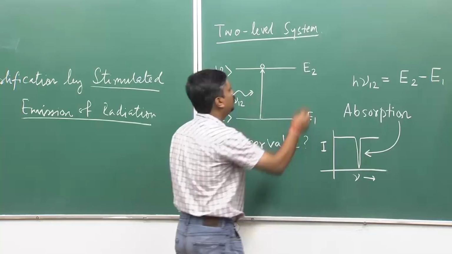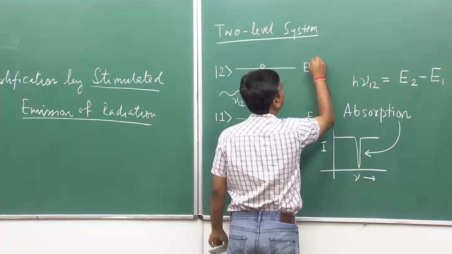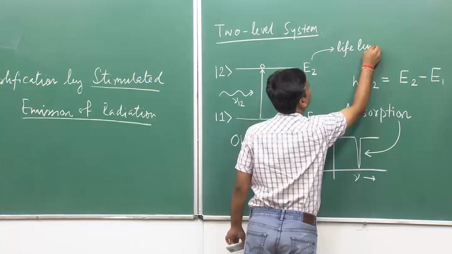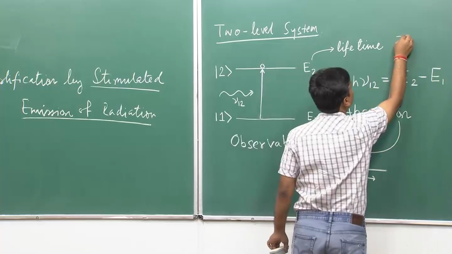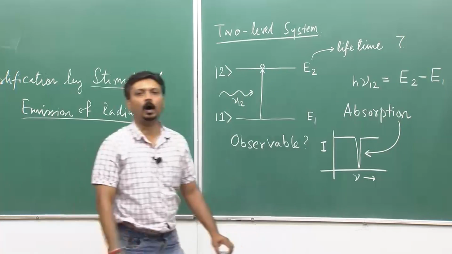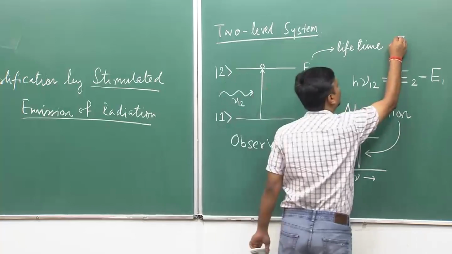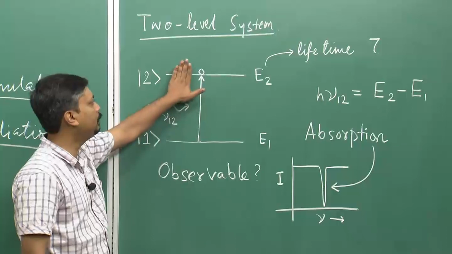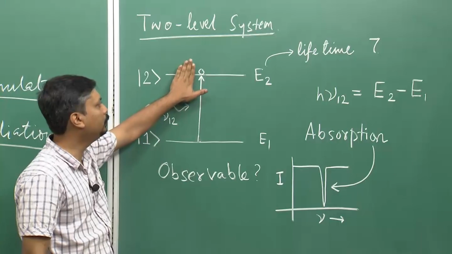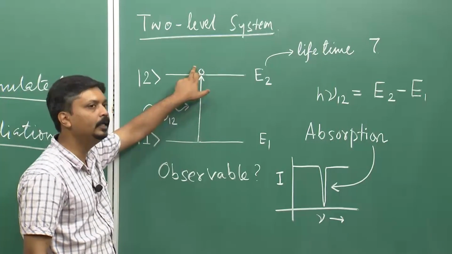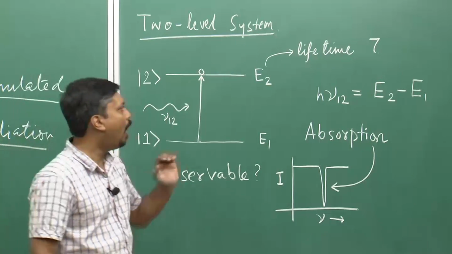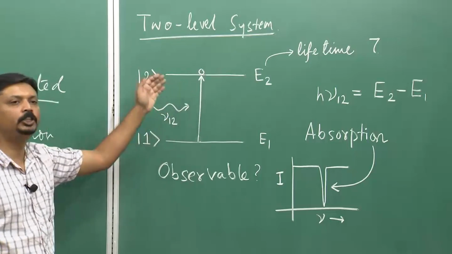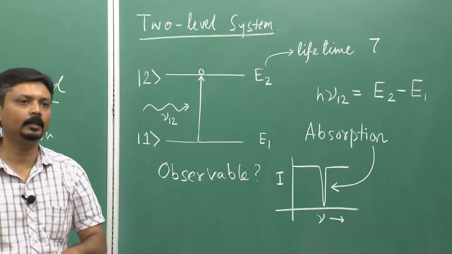This state is associated with a lifetime, normally denoted by tau. This tau is the maximum amount of time for which the atom can stay here at level 2. After this time tau, the molecule is going to jump back to the ground state, that is state 1.